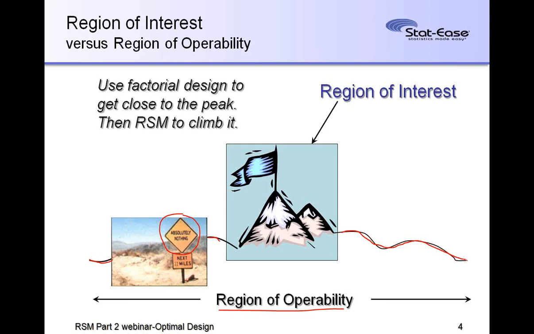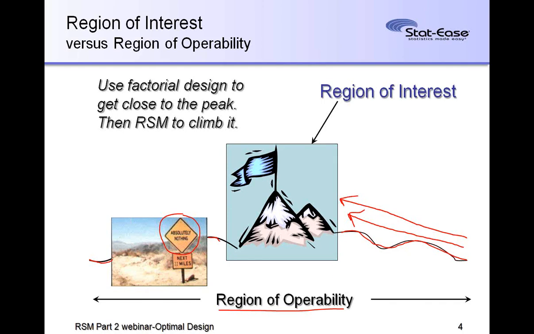And trying to model all these little fine waves instead of just moving to the peak using RSM designs would take a lot more work than what we want you to do. So the goal is to use factorial design to just find those linear models to push you up towards the peak and just kind of get up there near the peak.